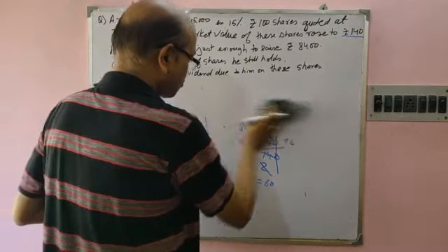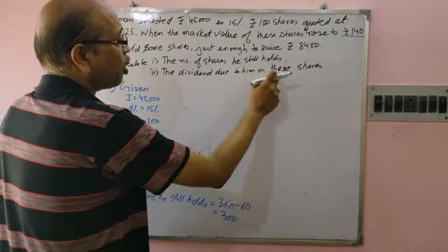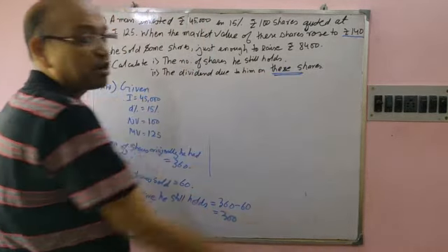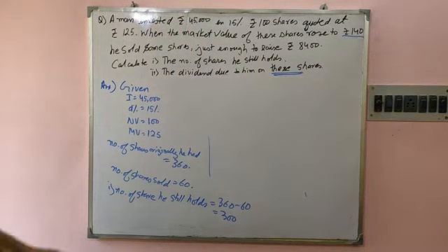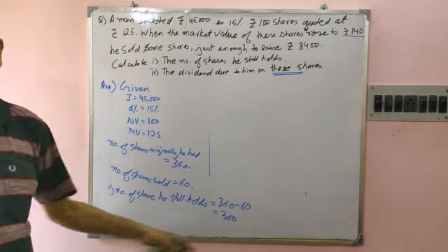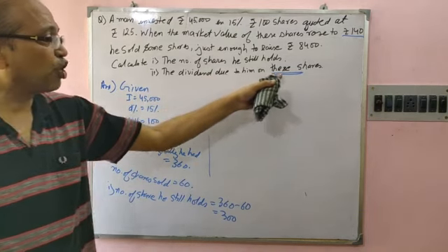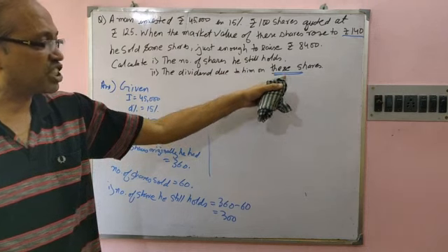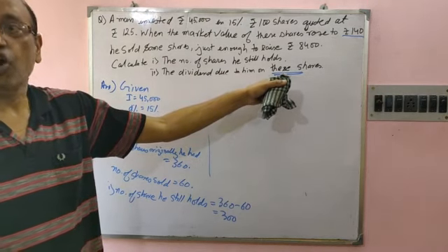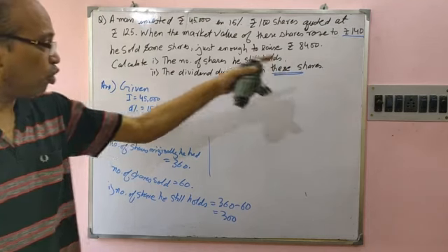Next part. The dividend due to him on these shares. What do you mean by these shares? These shares mean on 60 shares, or on 360 shares, or 300 shares? Dividend due to him on these shares means on the shares he still holds.